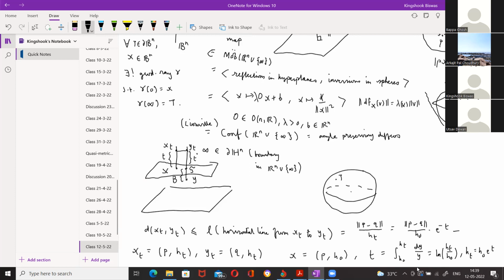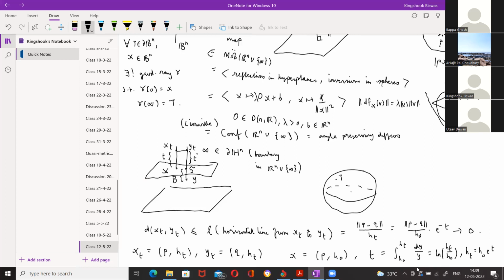So this tells you that actually the distance between xt and yt goes to 0, right? These two geodesics, not only are they staying in bounded distance from each other, actually the distance between them is going to 0, and not only is it going to 0, it's going to 0 exponentially.